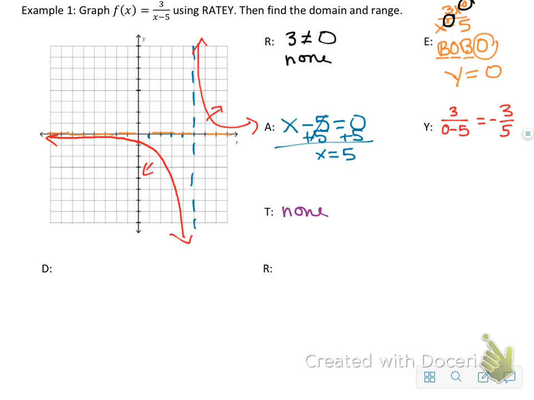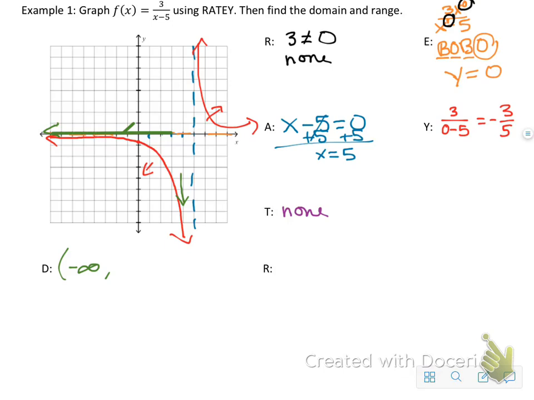Now for domain and range. Domain and range are still left to right and bottom to top. So as we go to the left over here, we will continue to move. We will never stop going this way because that arrow is pointing that way. So we start at negative infinity, but we can only go until we get to 5, where it's going down.